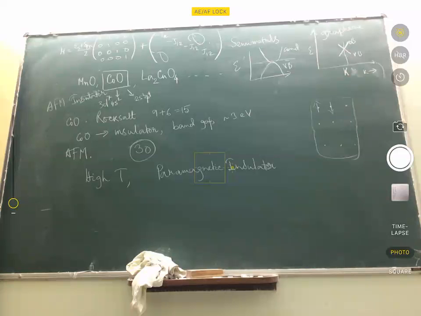So now in temperature, we are going the other way. When we are at low temperatures, there is an antiferromagnetic order in the system. Now, as I increase the temperature beyond a certain particular value of the temperature, the order disappears. There is no long range order anymore.